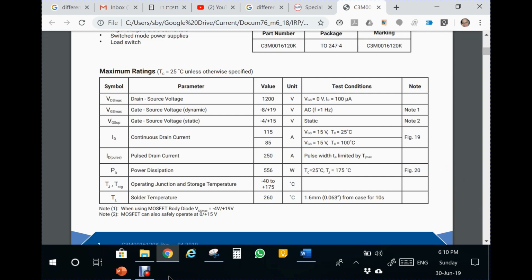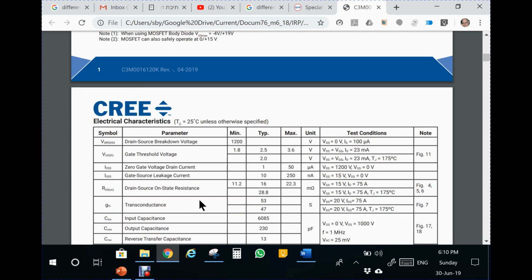Now this is not the operating condition, but rather the maximum rating. I'll go over it a little bit later. I'm just talking about the general structure here. These are the values of the parameters you should not exceed, otherwise the device may be damaged. Then we have the actual electrical characteristics.